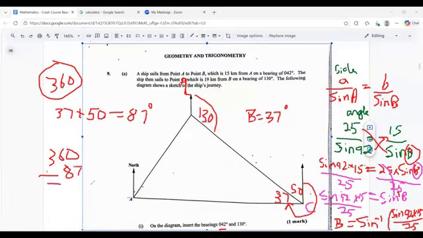What is the answer, y'all? Please help me out here. What is 360 take away 87, please? What is it? 272? What did I get? 273?